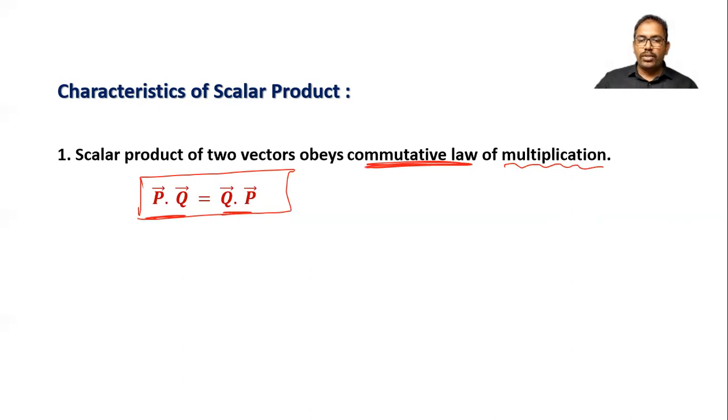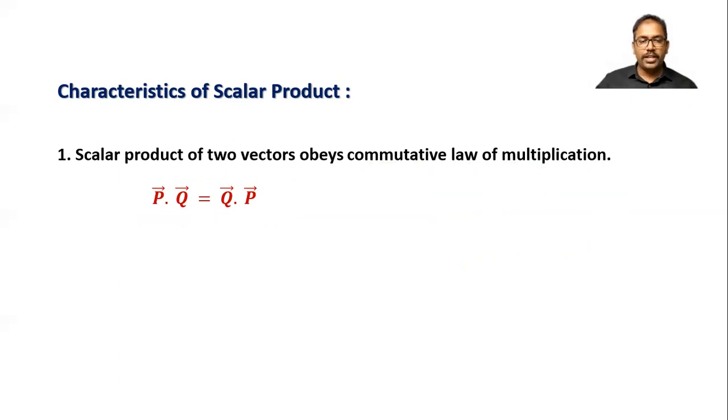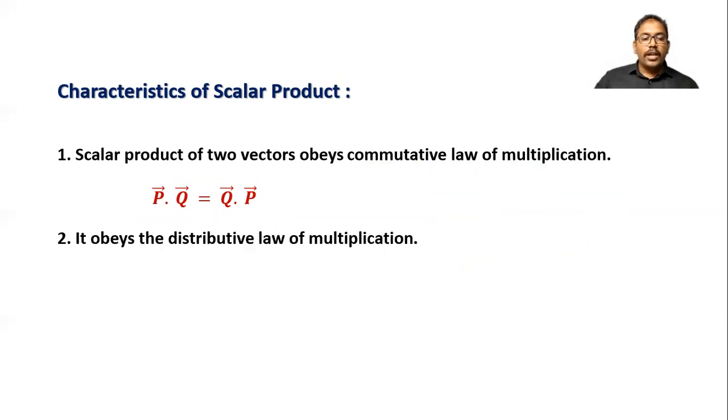You can prove the commutative law by considering p bar dot q bar, equation 1, and q bar dot p bar you can find out and you get equation number 2, and they are coming the same. So scalar product obeys commutative law of multiplication. It obeys distributive law of multiplication.